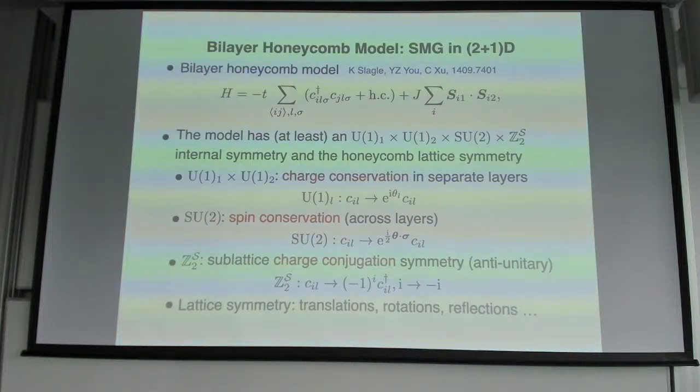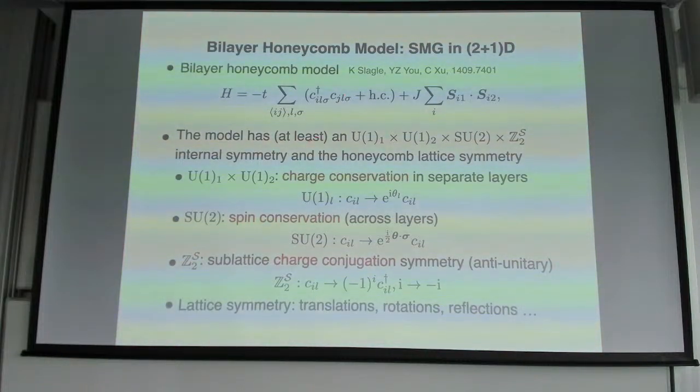Well, this system has a little bit more involved symmetries. It at least has U1 plus U1 plus SU2 plus Z2S. Let me explain. So the 2 U1 symmetries correspond to the U1 charge conservation of these electrons in each layer independently. You can see that there is no interlayer hopping.